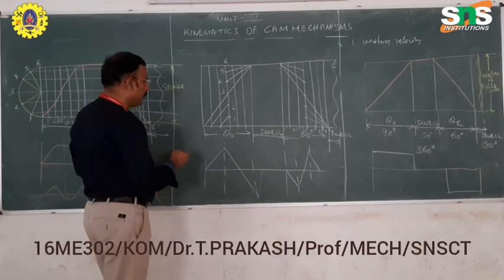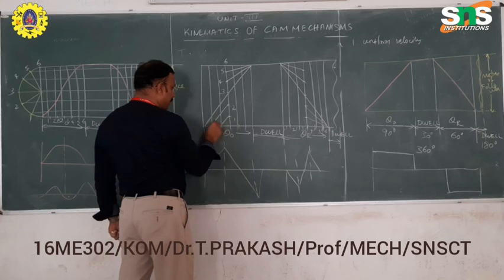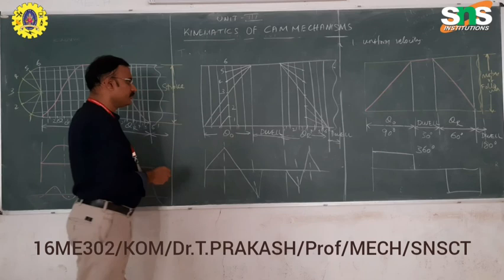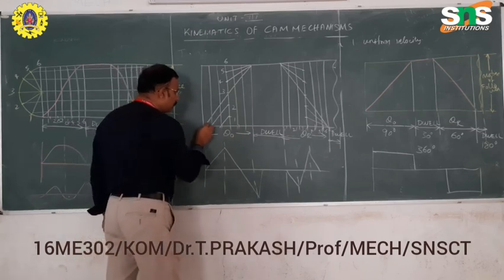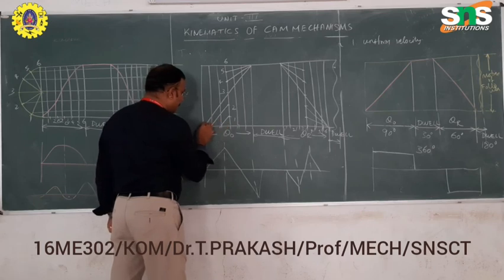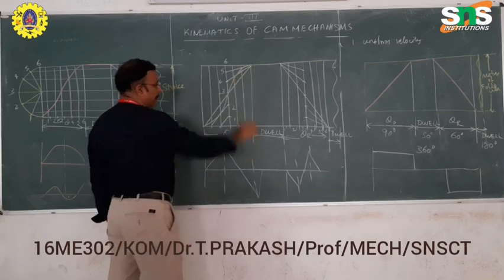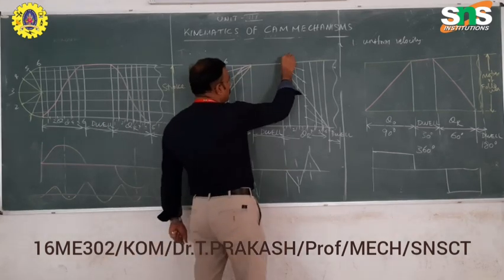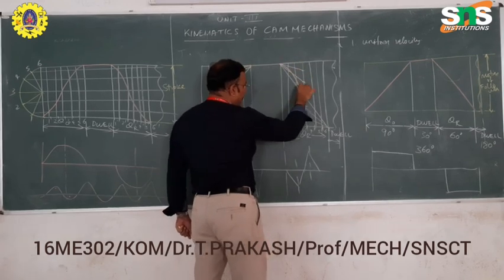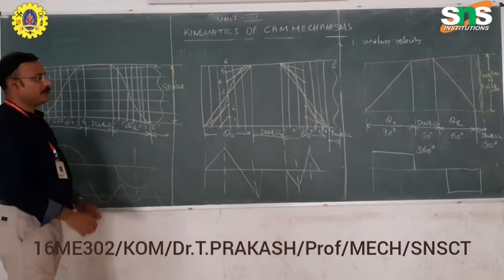When you join all the values, you can see the first meeting point, the second meeting point, and the third one meeting here. Therefore, we can join a smooth curve, and in the same manner there will be meeting points here. It is our uniform acceleration and retardation.